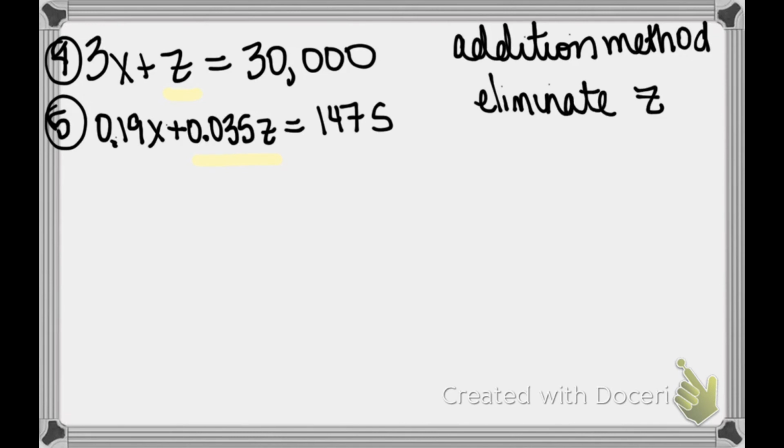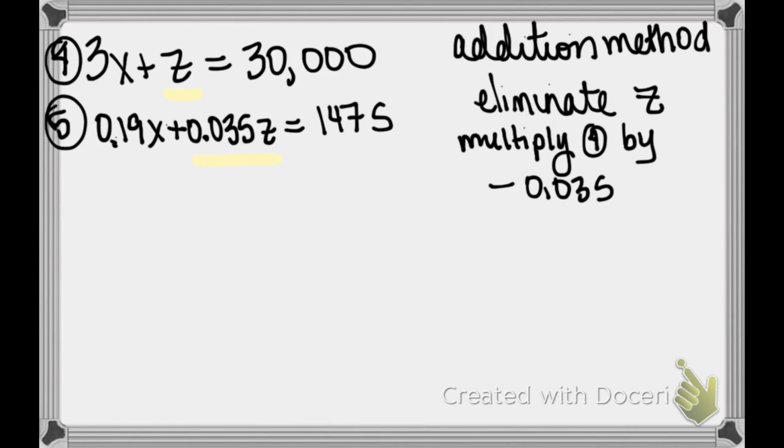And in order to eliminate z, I'm going to multiply equation 4 by negative 0.035. That way I'll have a negative 0.035, a positive 0.035, and z will cancel out. So when I rewrite equation 4 after multiplying it by negative 0.035, I get the following.